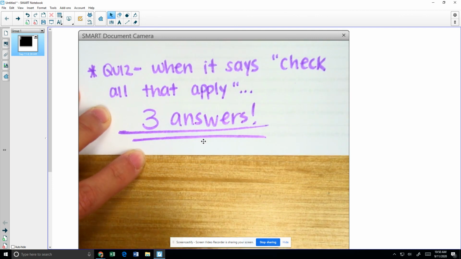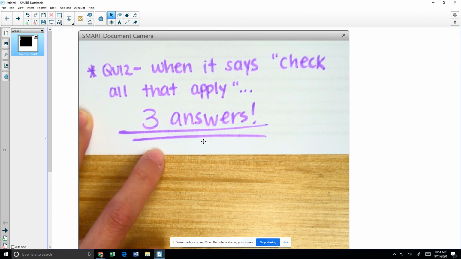So for today's quiz, I'm telling you right now, if it says check all that apply, you should be checking 3 things. I'm just going to give you that as a hint because I know sometimes there's just so much. So maybe that'll help you a little bit. Okay, there should only be 3 things that you have as answers for today's quiz when it says check all that apply. Okay, stay on if you have questions.